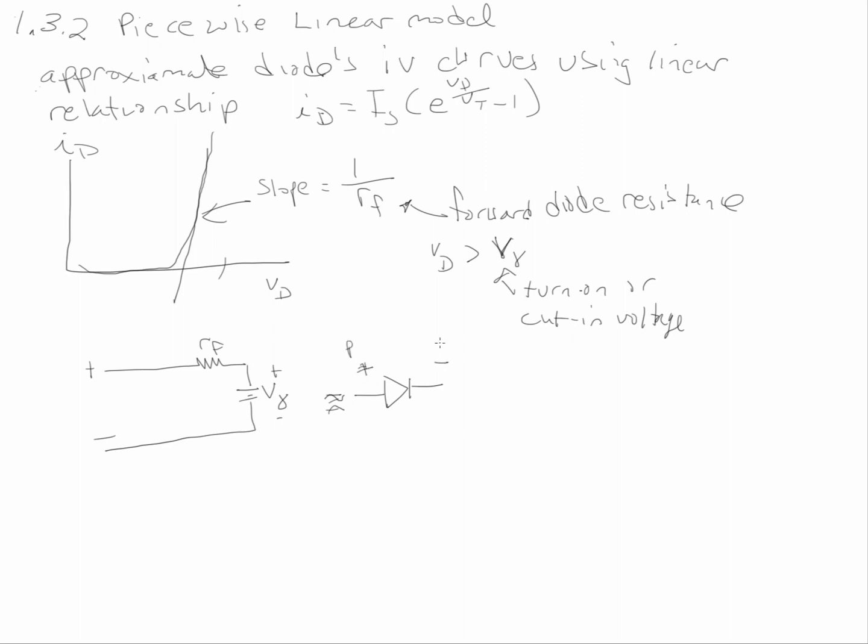This is P, this is N. This is when the diode is on, and when the diode is off, our model becomes this: plus, minus, VD. It's basically just an open circuit. So that's our piecewise linear model for a diode.